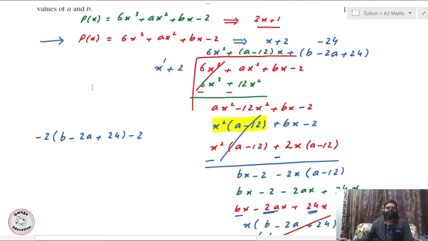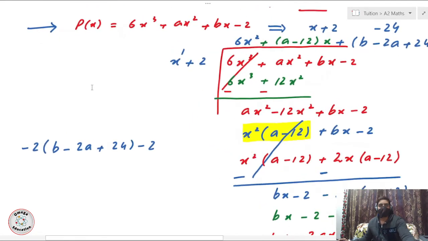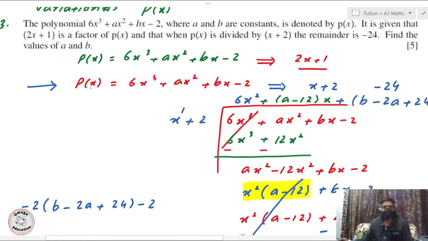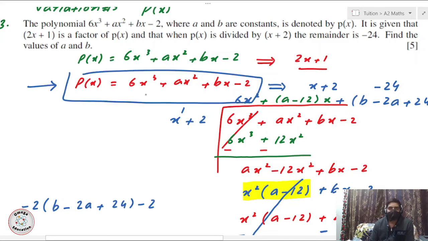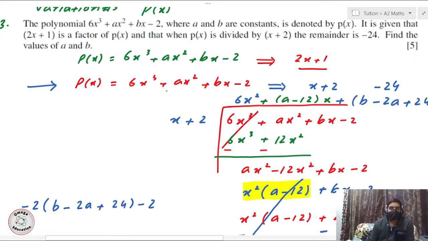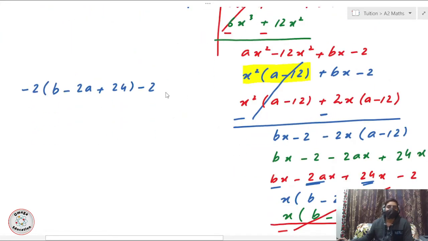Then we go back to the second property or the second information that we had about the question, that if you divide this polynomial by x plus 2, the remainder should be minus 24. So that means that should equal negative 24.